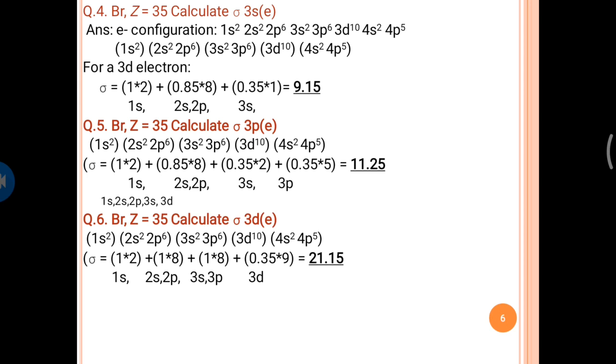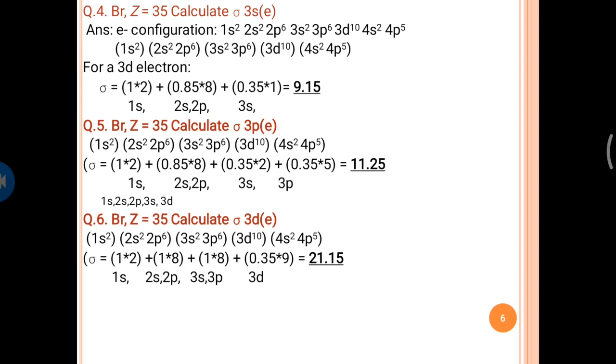So first 1s, 2 electrons means 1 into 2, plus 0.85 into 8 for the 2s2, 2p6 electrons, plus 0.35 into 1 for the 3s orbital. Because the 3s orbital consists of 2 electrons, but we calculate for 1 electron.